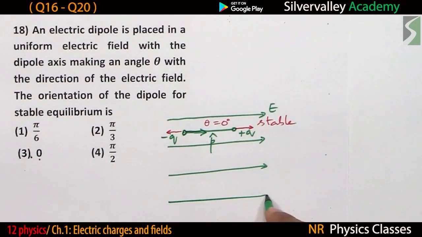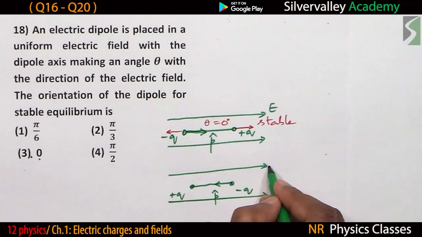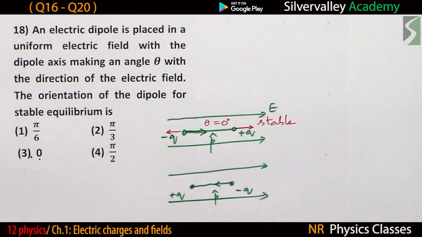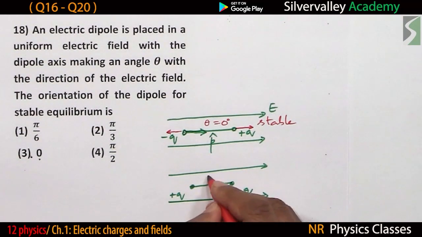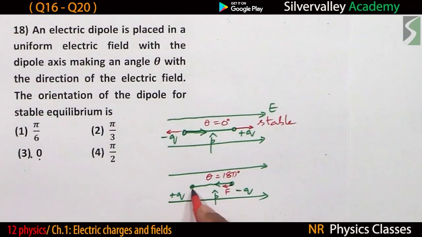Now, if this is minus Q and this charge is plus Q, the direction of the dipole moment is from minus Q to plus Q. So this is P cap. So the angle between P cap and E is 180 degree. So theta equal to 180 degree. Minus Q experiences force against the direction of the field. So this is F. Plus Q in the direction of the field.